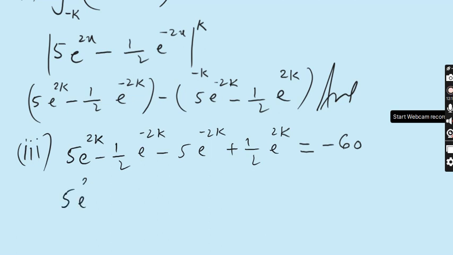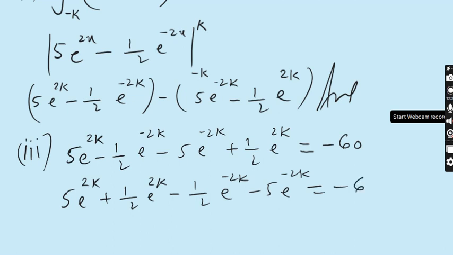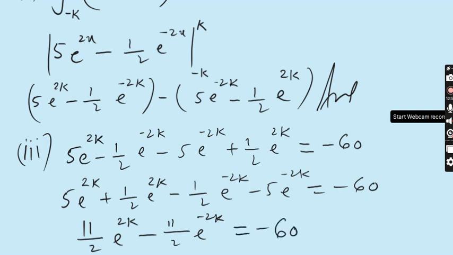Now 5e^(2k) plus 1 upon 2e^(2k). I am just rearranging: 1 upon 2e^(-2k) minus 5e^(-2k) is equal to minus 60. 5e^(2k) plus 1 upon 2e^(2k), 2 fives are 10 plus 1, 11 upon 2e^(2k), minus 2 fives are 10 minus 1, 11 upon 2e^(-2k), is equal to minus 60.